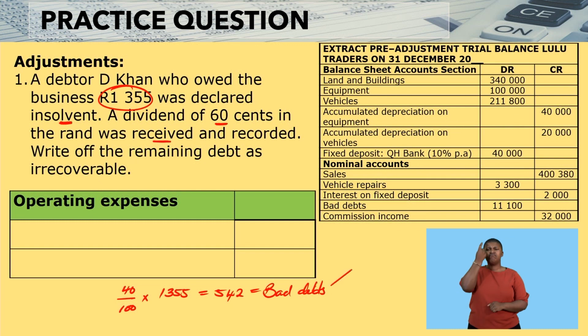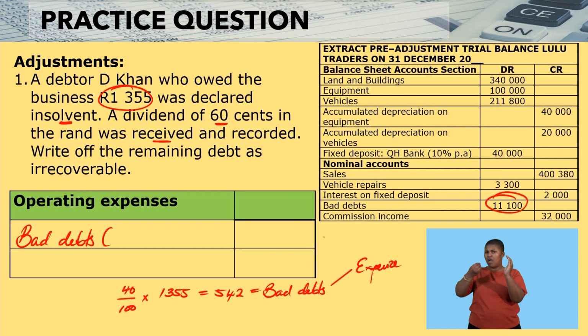And we understand that bad debts are an expense. So I'm going to come now to my operating expenses, and I'm going to say bad debts. I open my bracket. Here I have bad debts, 11,100, plus these bad debts of 542.